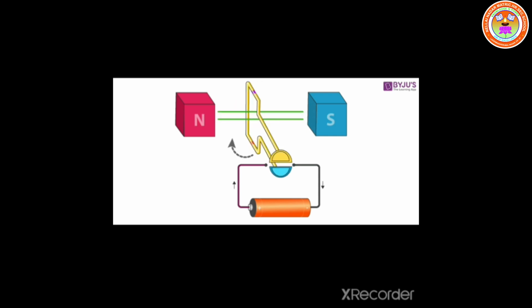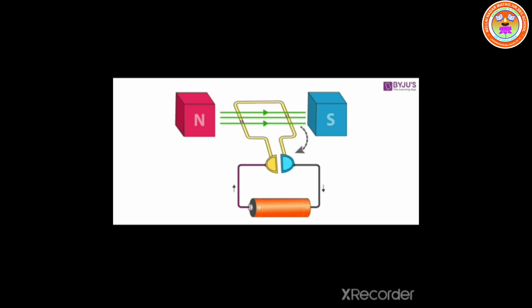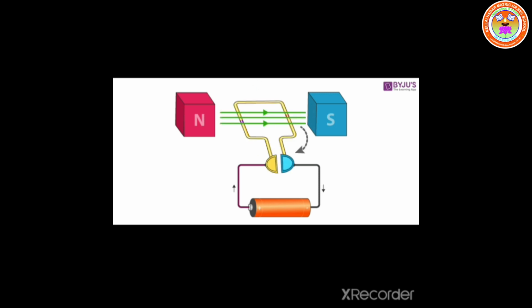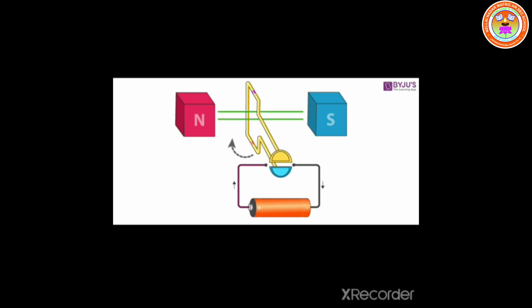This is the reason for the production of the current. When the coil ABCD is rotated manually, the magnetic flux linked with the coil changes. This change in magnetic flux leads to the generation of induced current. The direction of the induced current, as given by Fleming's right hand rule, which we have just discussed, is along ABCD in the coil, and in the outer circuit it flows from B2 to B1 during the second half of rotation.